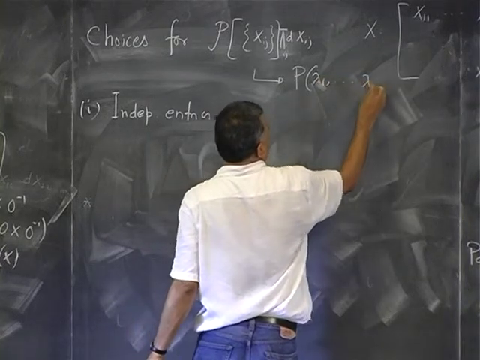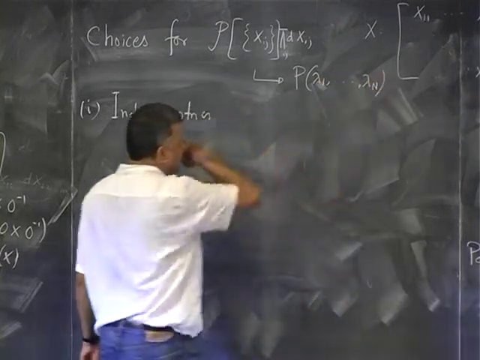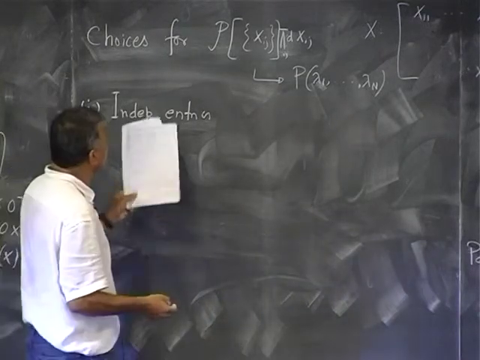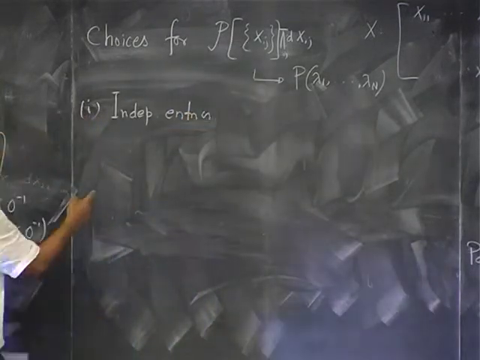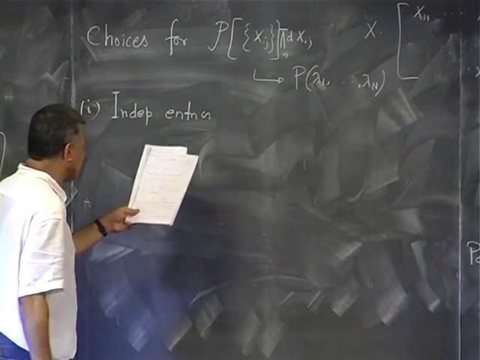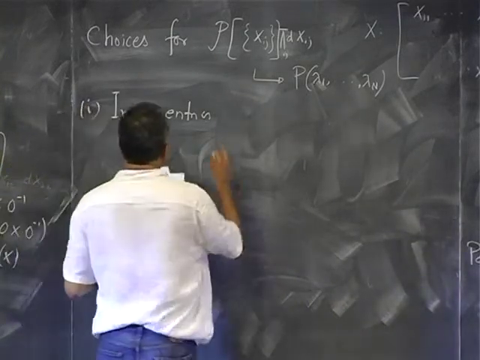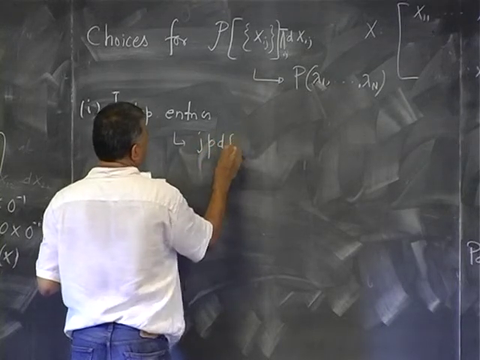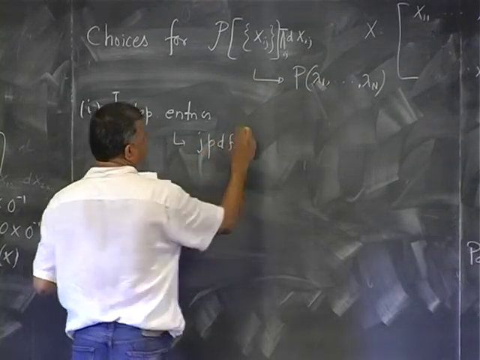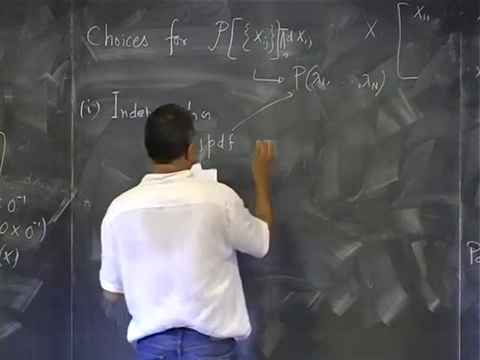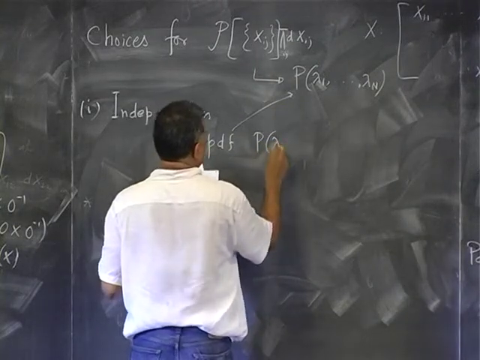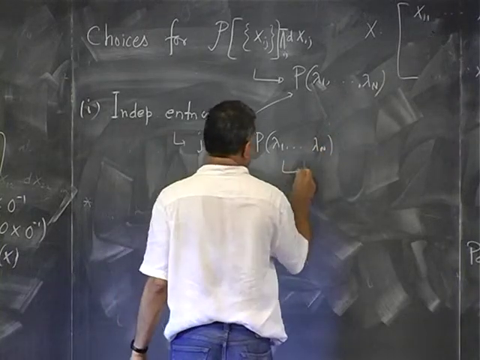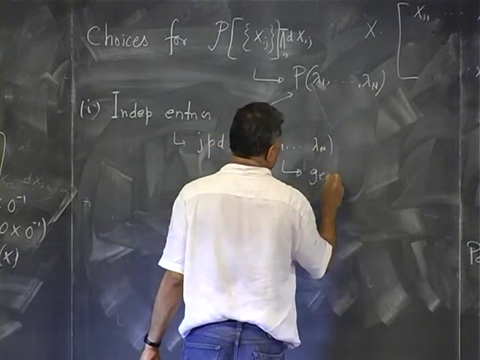That's my goal. When can I do it? For independent entries, that is, if you choose your P of xij's to be independent entries, just like I wrote down for Wigner matrices, the JPDF of eigenvalues, where JPDF is short for joint probability density function, is in general difficult.